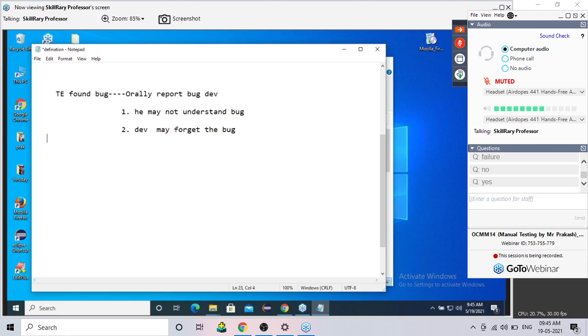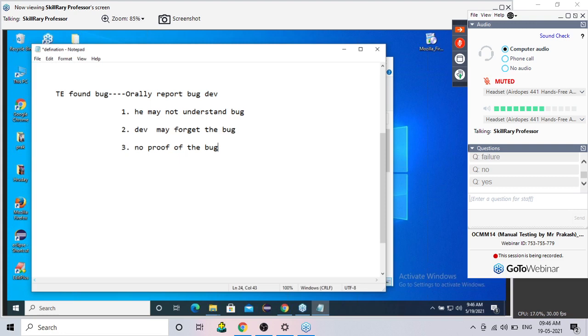And the third most important problem you observe, guys: there is no proof of the bug. Suppose you reported 10 bugs to the developer, but tomorrow the developer has fixed only 4 bugs, and he claims, no, you didn't report them, you are lying. If you had told me, I would have fixed the bugs.